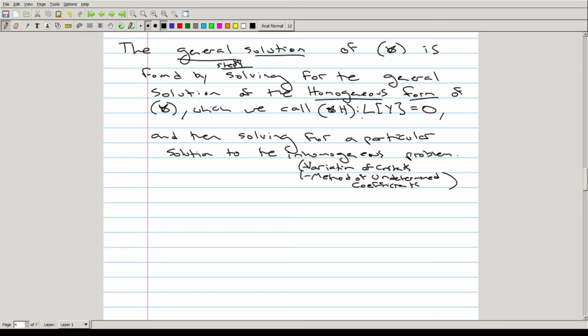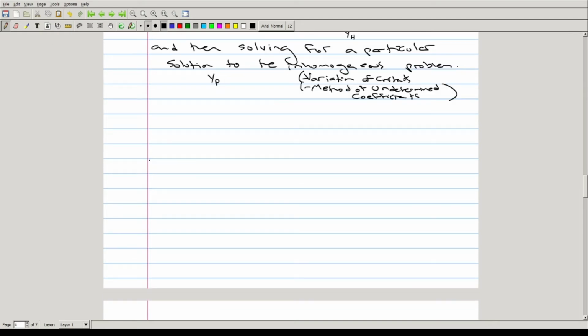The solution to the homogeneous problem is typically called yH, and the particular solution is sometimes called yP. But once yH and yP are found, then the general solution to star is just the sum of both.